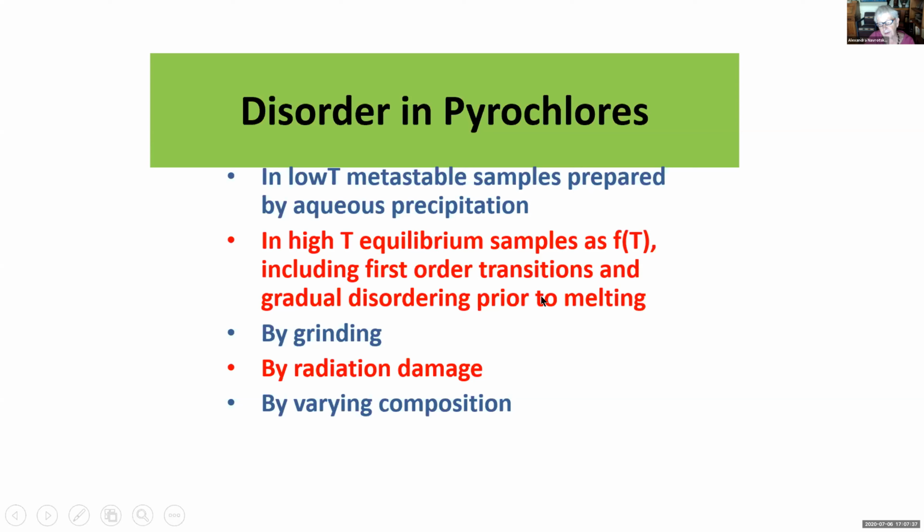In some cases, there's partial disordering within the pyrochlore, followed by a first order transition to the defect fluorite structure, and I will show you some of that. The non-equilibrium conditions are essentially low temperature metastable phases, materials produced by grinding, materials produced by radiation damage, and of course composition is a variable.